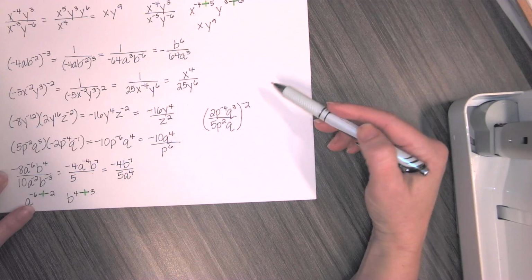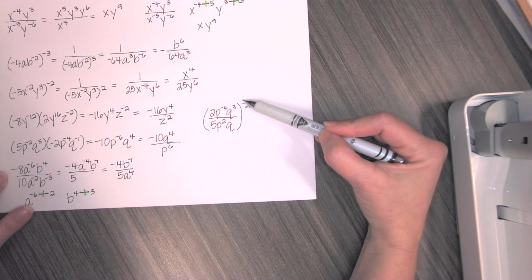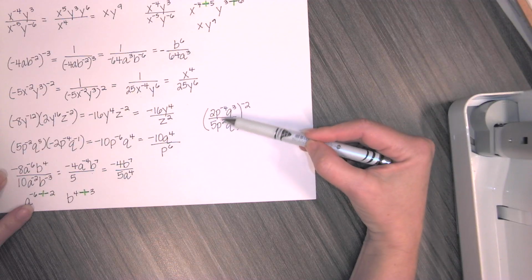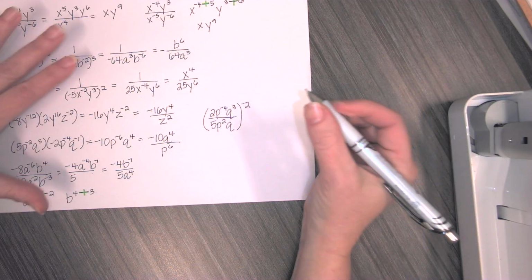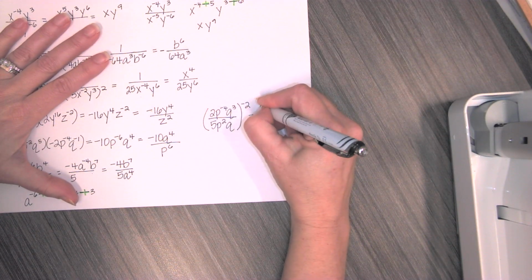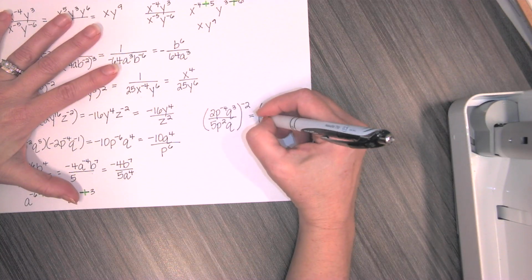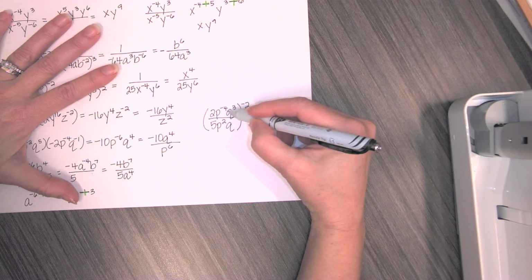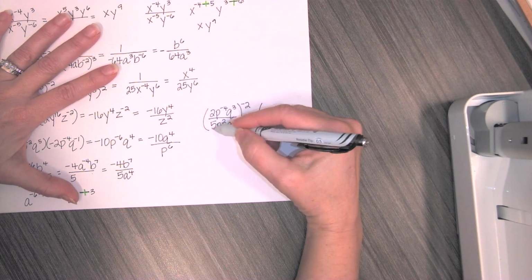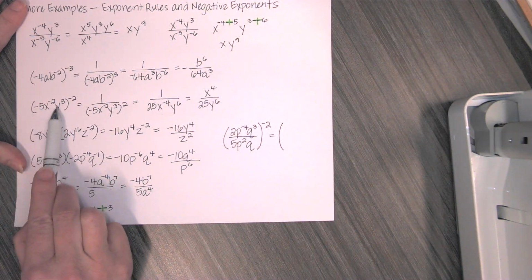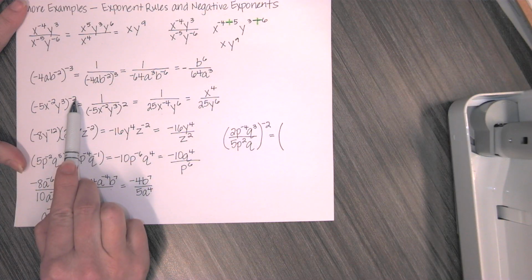I think what I'm going to do is let's get this exponent positive first. And remember, when we have a fraction raised to a negative exponent, we can just flip the fraction over, and that'll make the exponent positive. Now, when we flip this fraction over, don't change any signs inside the parentheses. It's just like what we did over here, where we took this and raised it to the negative 2.